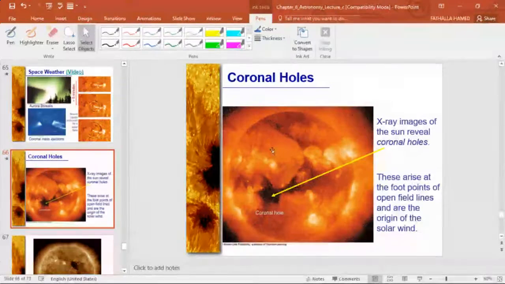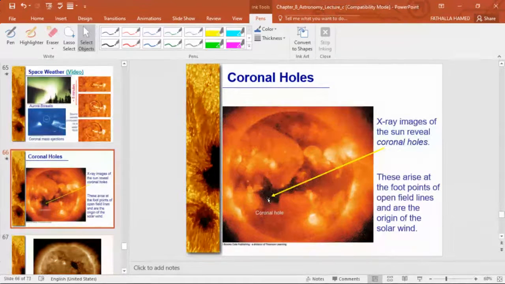Now, this is when you take an image of the X-ray. So the X-rays have small wavelengths, high frequencies. So you're using higher energy here, and you look at these wavelengths, what you can see, and you see something that we call here coronal holes.